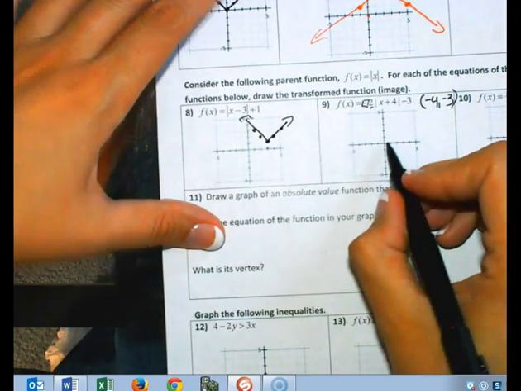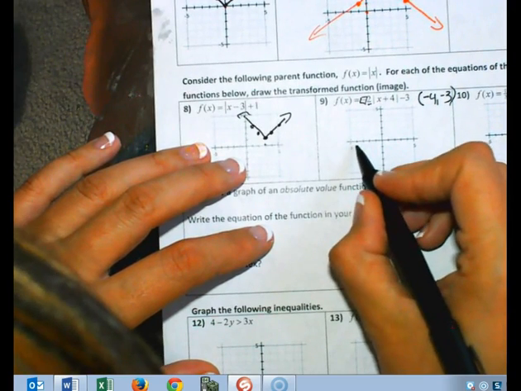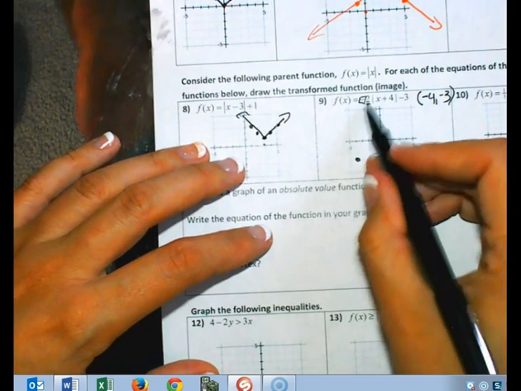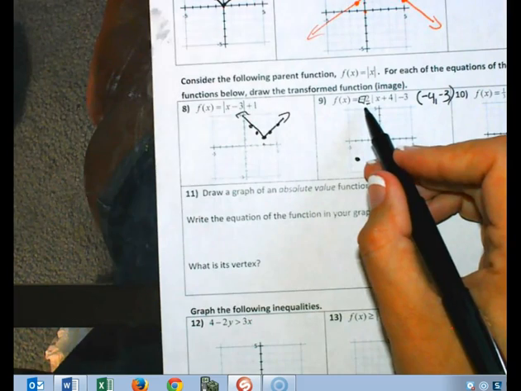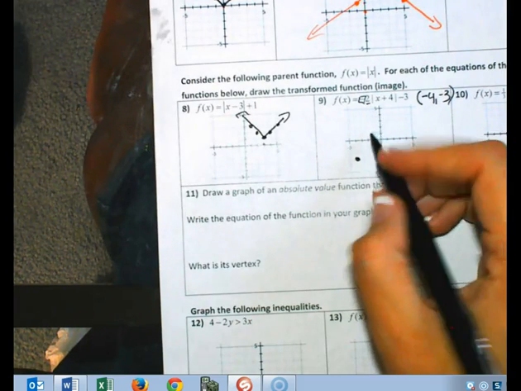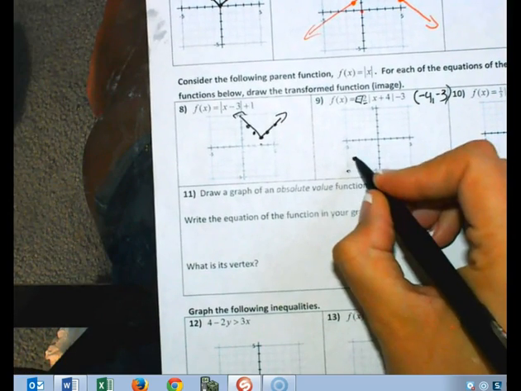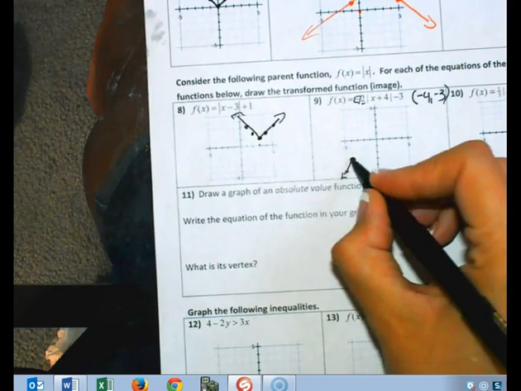So I'm going to go ahead and do that. That -4 and then -3. And I'm going to be going down because it reflected over the x-axis. So I'm going to go down 2 over 1. Down 2 over 1. So there's your sketch there.